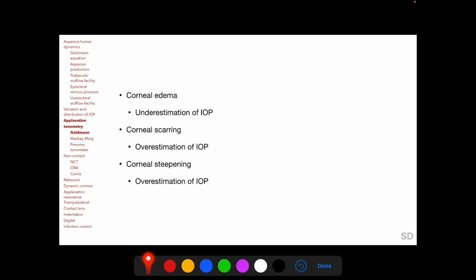So the corneal factors which can influence the accuracy of intraocular pressure recording with Goldmann applanation tonometry include corneal thickness, corneal astigmatism, corneal stiffening, corneal edema, and corneal scarring.